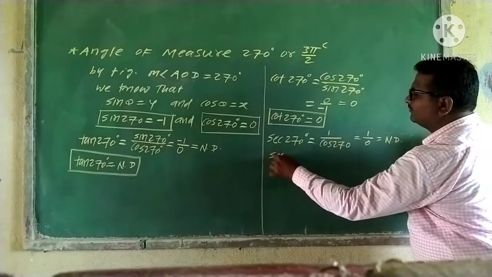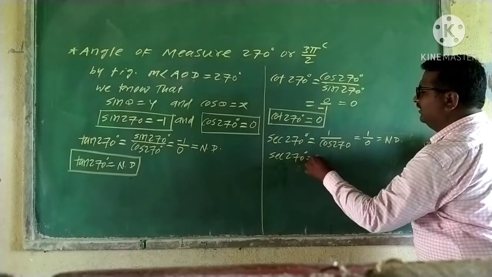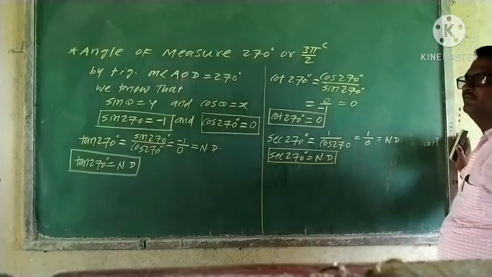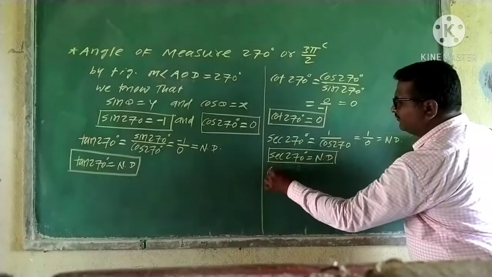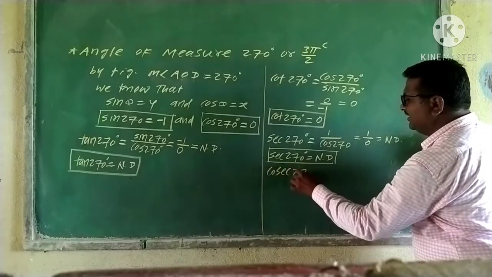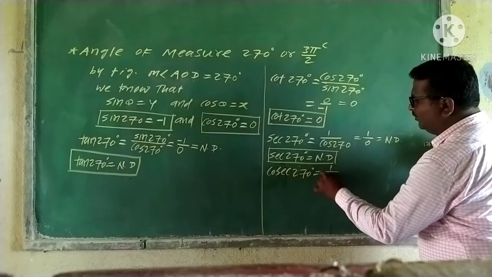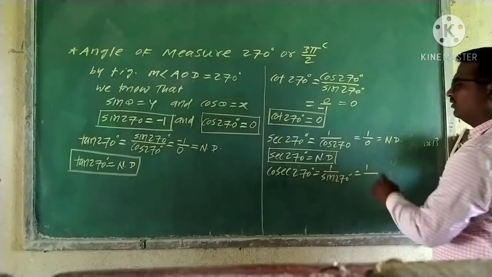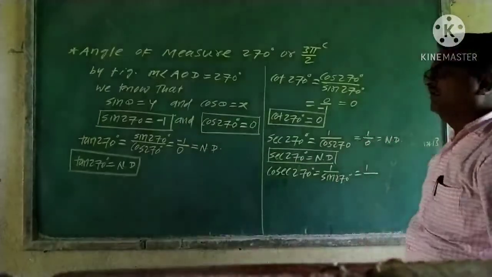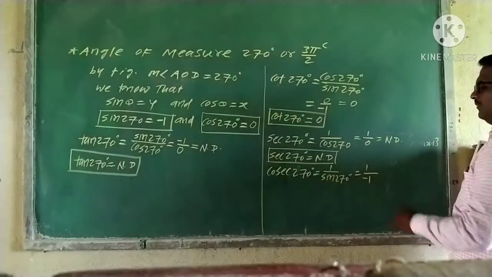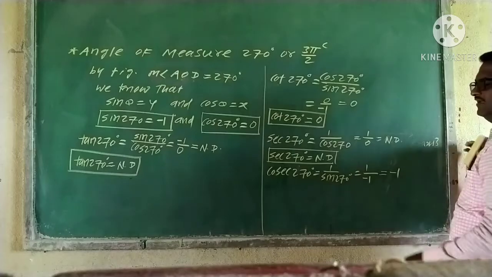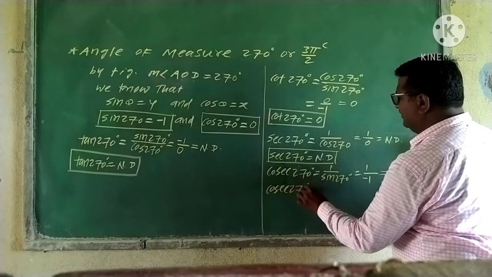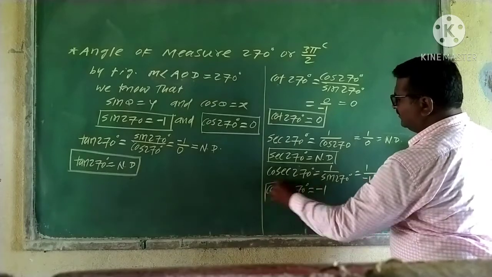So sec of 270 degree is not defined. Last, cosec of 270 degree equals 1 upon sin of 270 degree, which is 1 upon -1, equal to -1. So cosec of 270 degree equals -1.